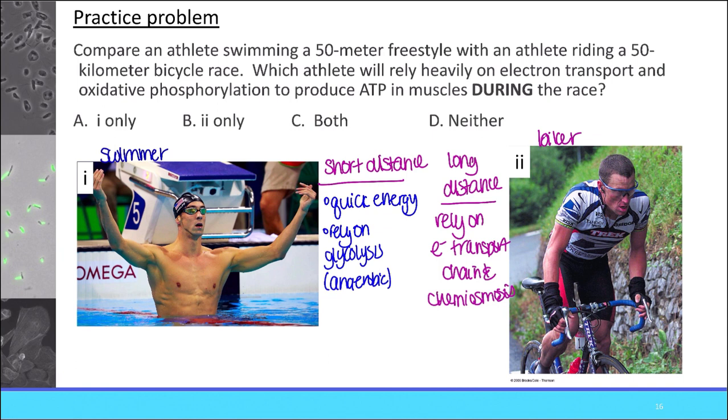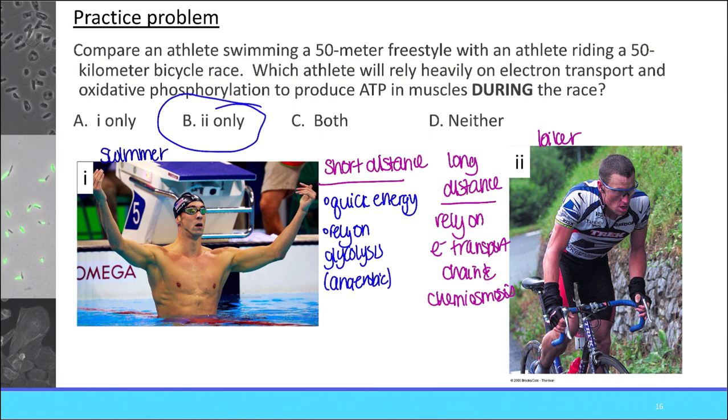So again, hopefully I have convinced you that the athletes who rely most heavily on the electron transport chain and oxidative phosphorylation are the ones doing longer distances. That's going to be our long distance biker, Lance Armstrong, here on the right.